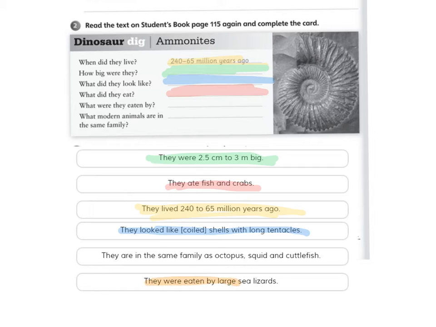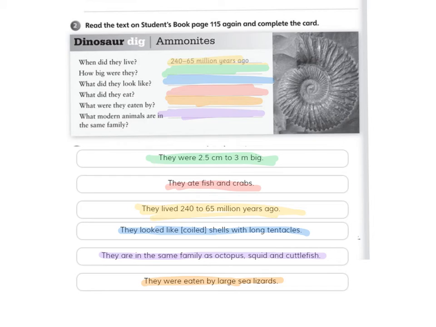Well, they were eaten by large sea lizards. Next one. What modern animals are in the same family? They are in the same family as octopus, squid, and cuttlefish. There we go. These are our correct answers. Please correct in case you have any mistakes.